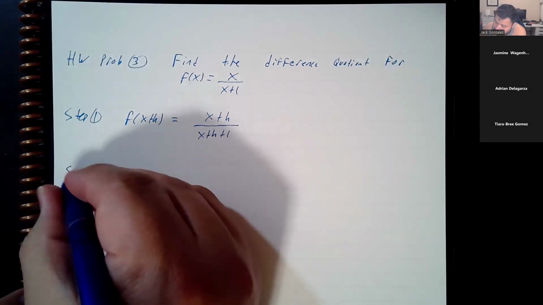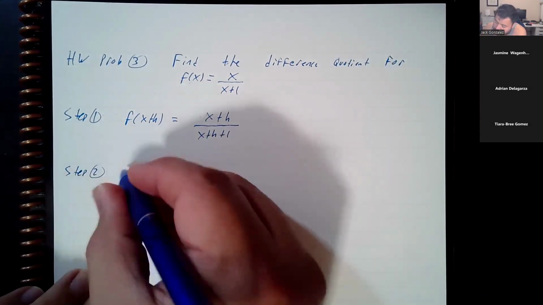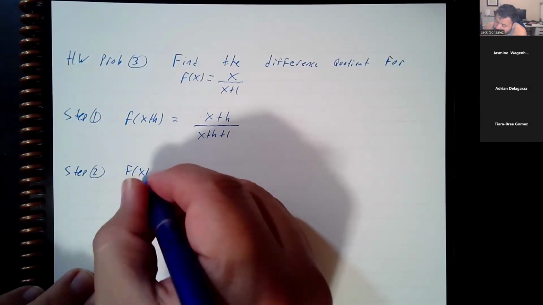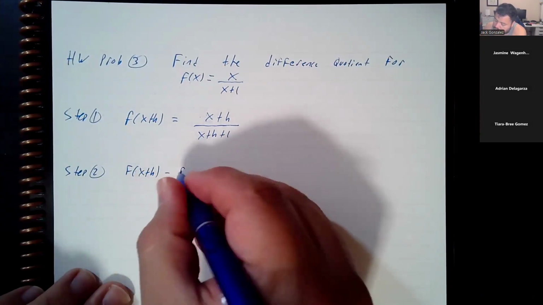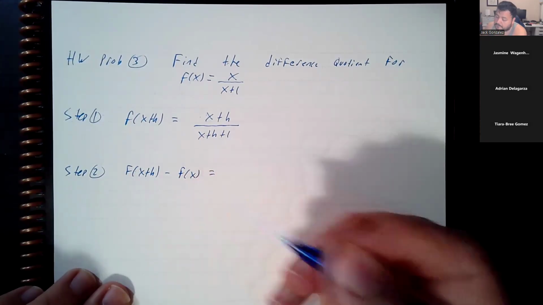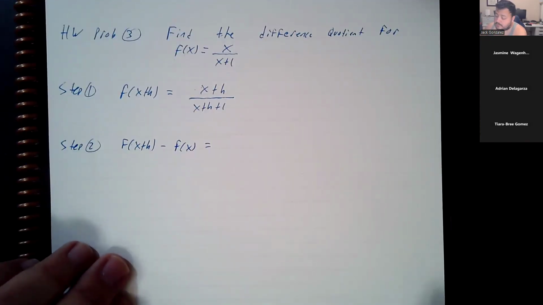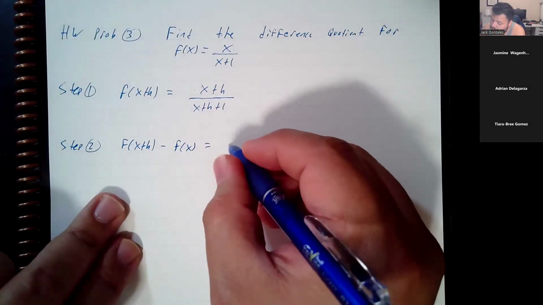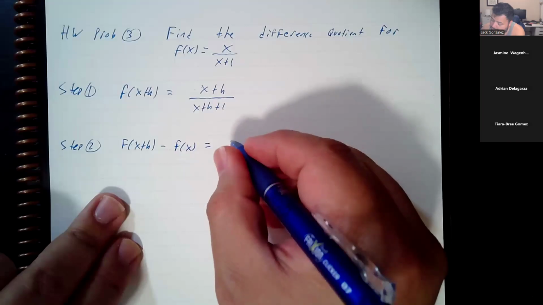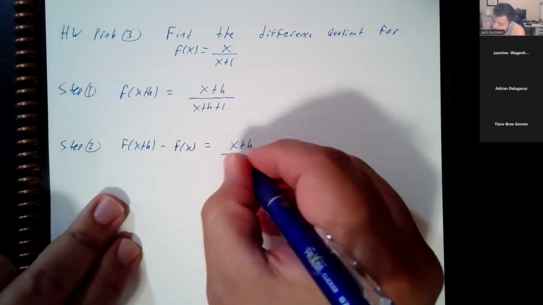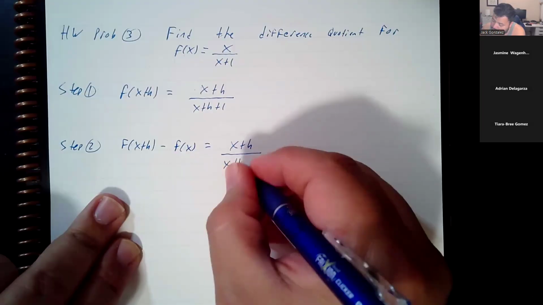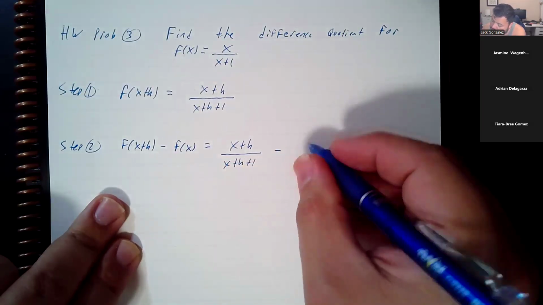Step two, take the one we just found, and then subtract the original.